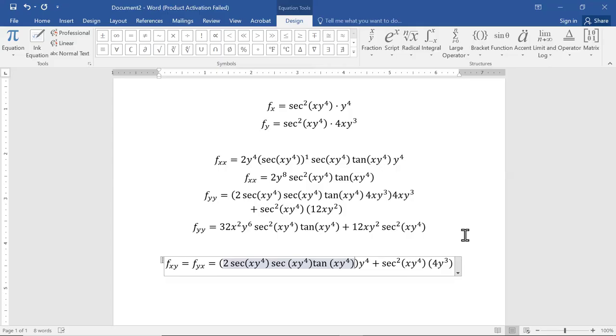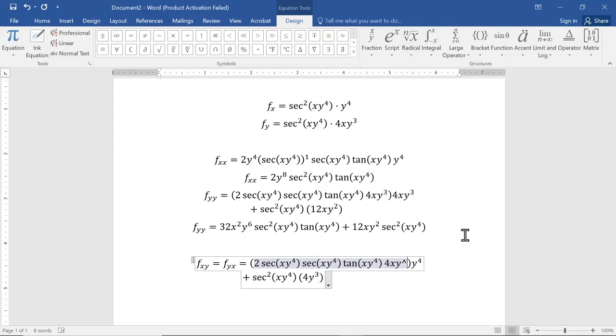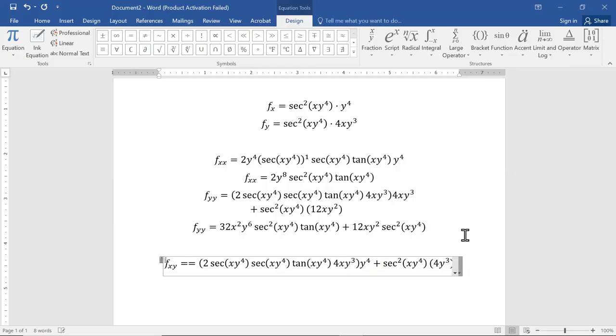That would be 4xy to the third. That's what I get when I take that mixed partial.